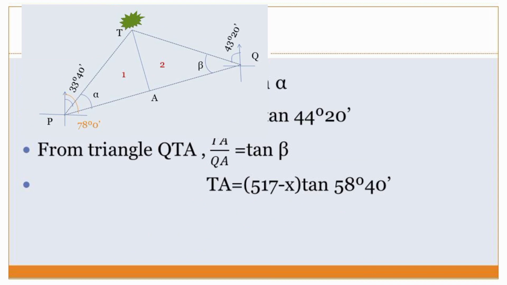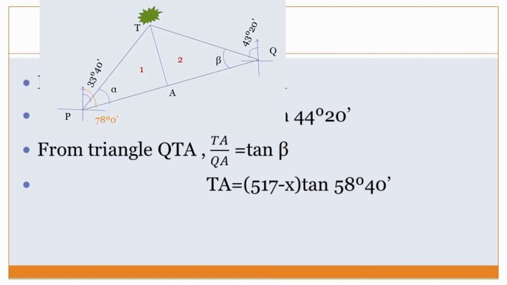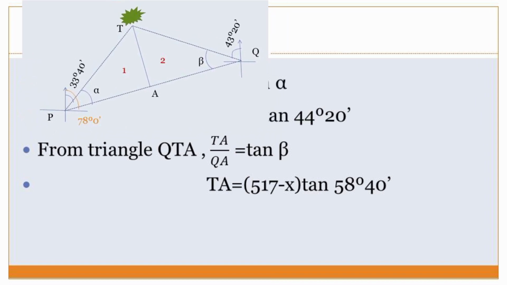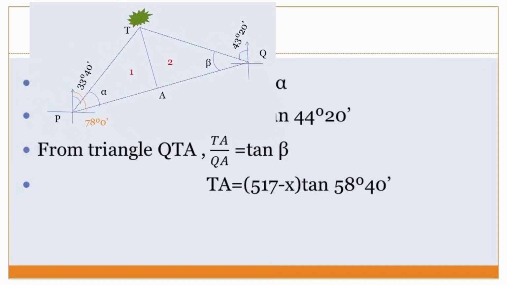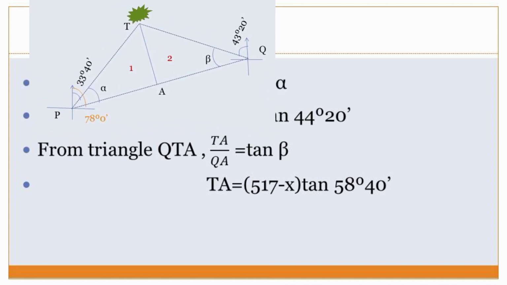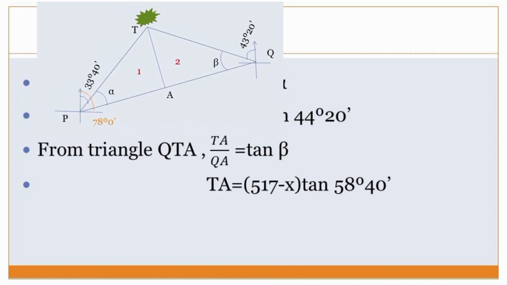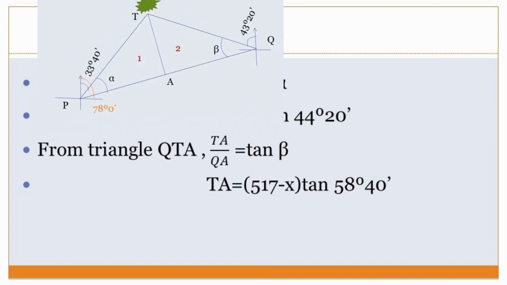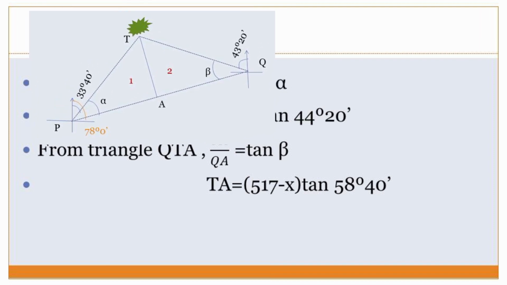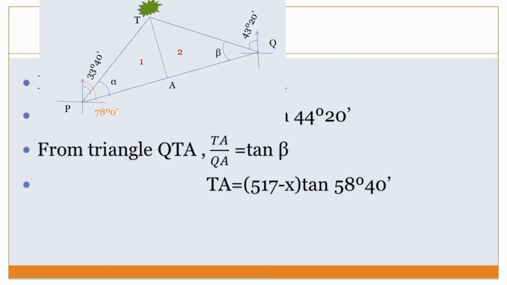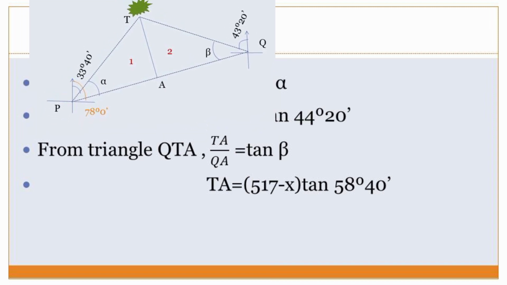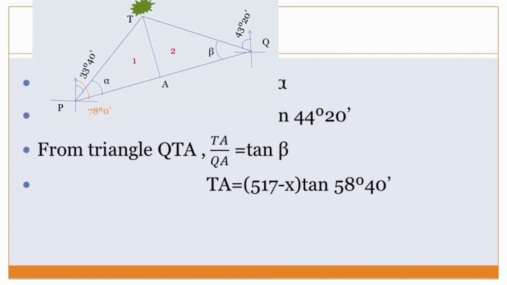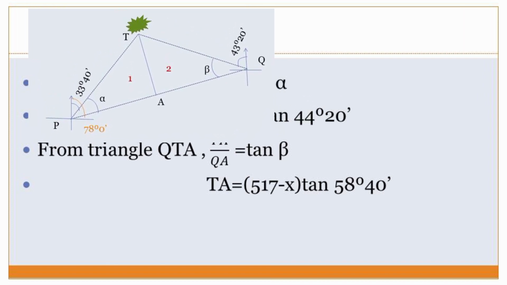Then from the second triangle QTA, we do the same. Opposite over adjacent is equal to tan of the beta angle. So TA over QA is equal to tan beta. So length TA will be equal to QA, which is 517 minus x, times tan 58 degrees 40 minutes.